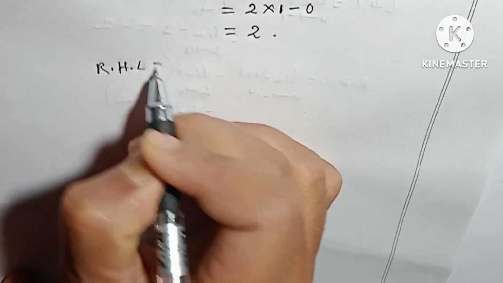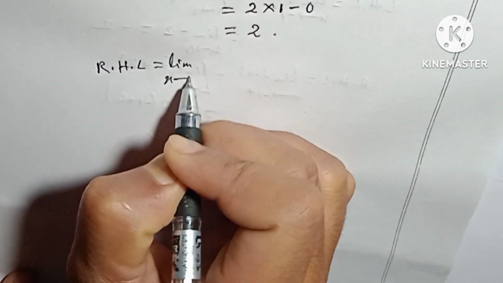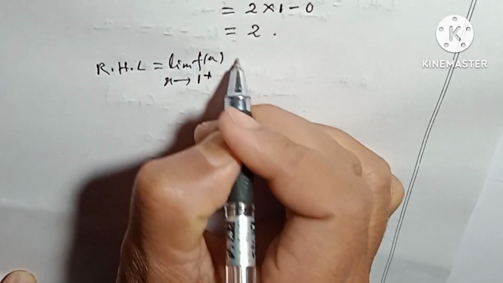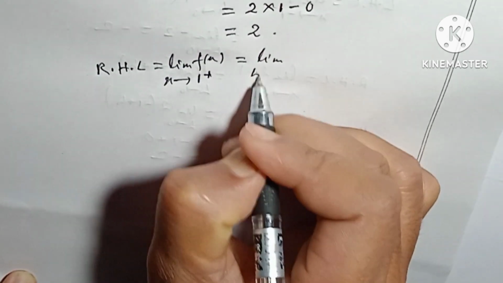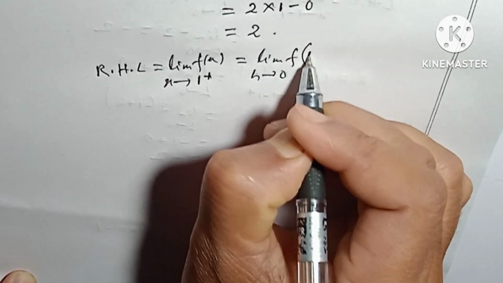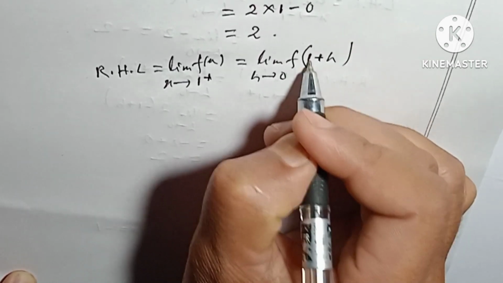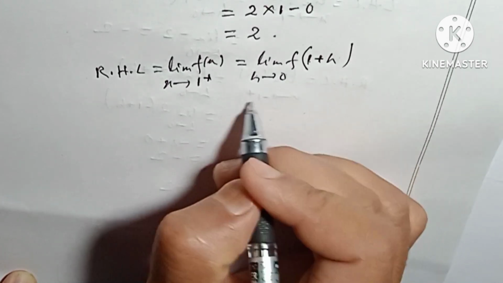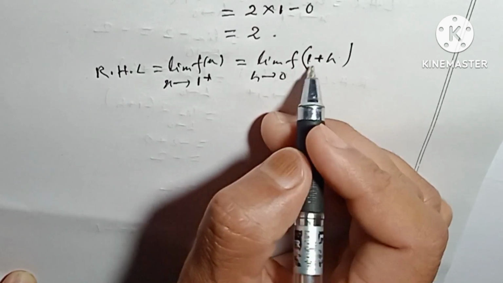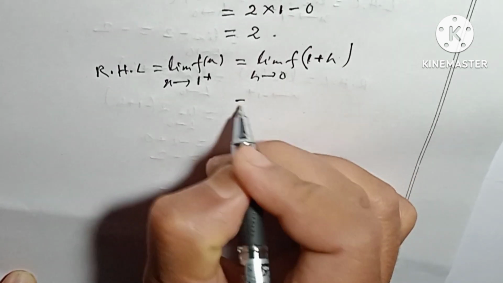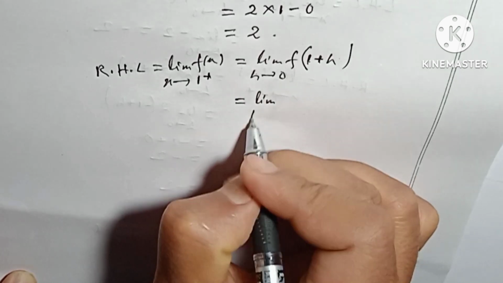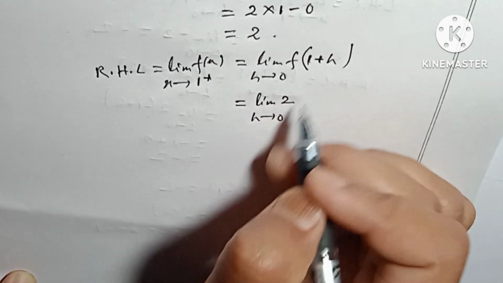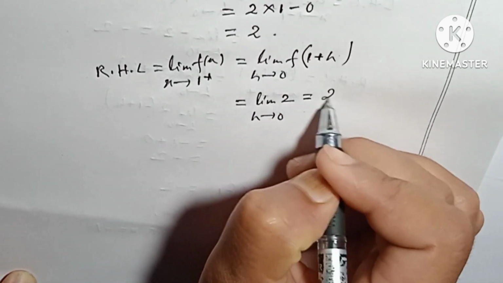Right hand limit equals limit as x approaches 1 from the right side of 1, f(x), which equals limit as h approaches 0 of f(1 plus h), that means the right side of 1, approaching 1 from greater than 1. Here f(x) is equal to 2, so the limit is 2.